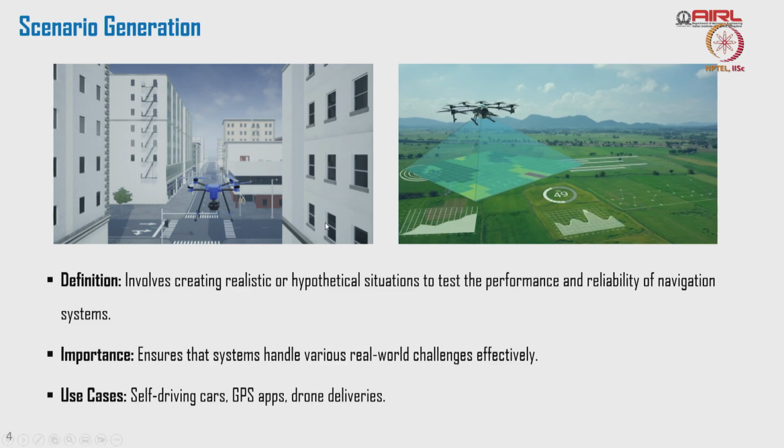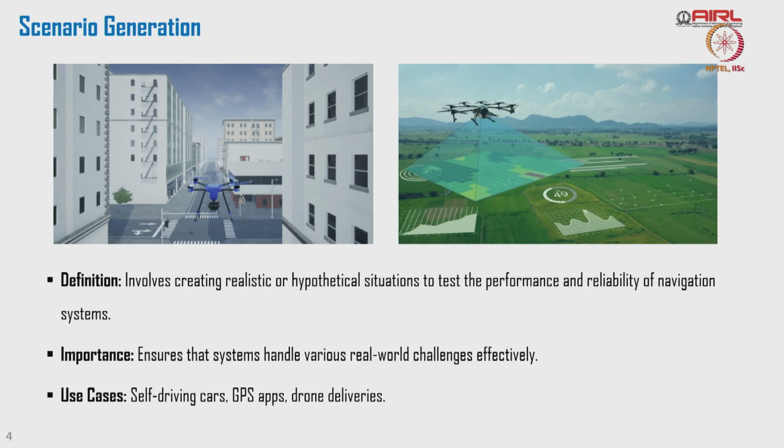So scenario generation is a very important module to understand how the system is going to handle various real world challenges effectively. Here the context-based sensors are going to be a high priority. Your LiDAR, your camera, your radar are going to play an important role in understanding the context or the scenario in which the drone is present.